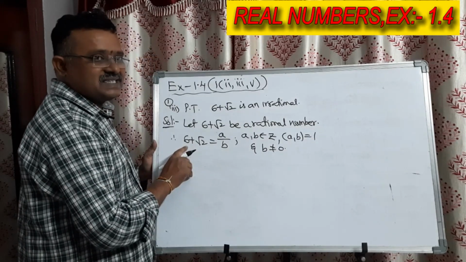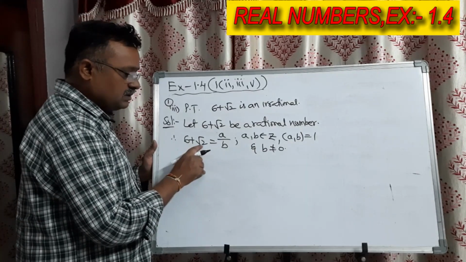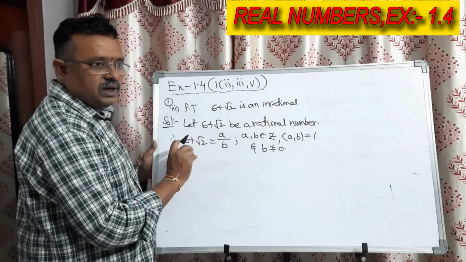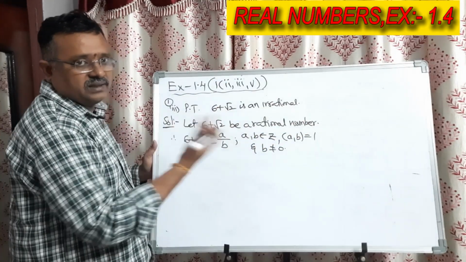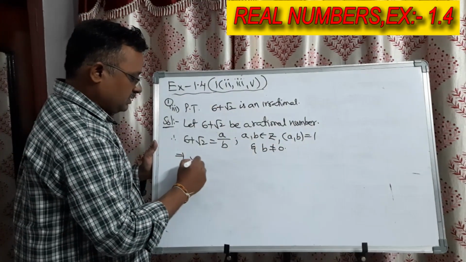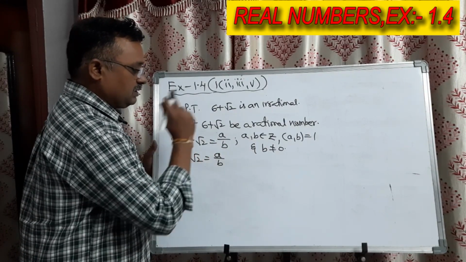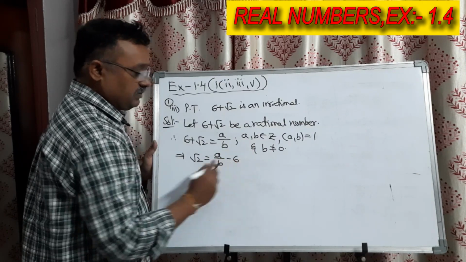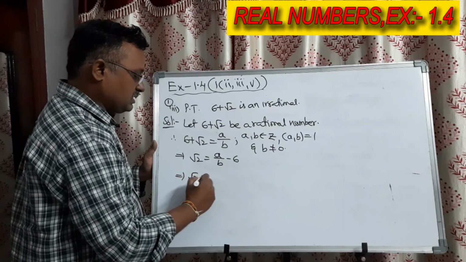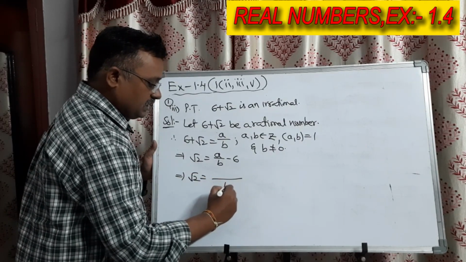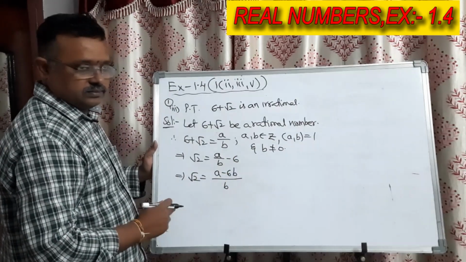On the left side, 6 plus root 2 is there. Clearly 6 is rational, root 2 is irrational. So we can send the rational term to the rational side. So this implies root 2 is equal to a by b minus 6. Taking LCM b, this is a minus 6b by b.